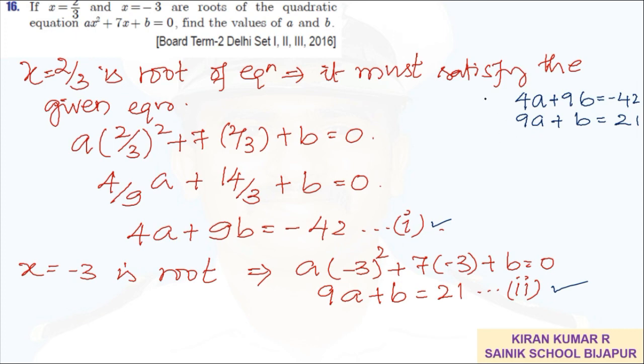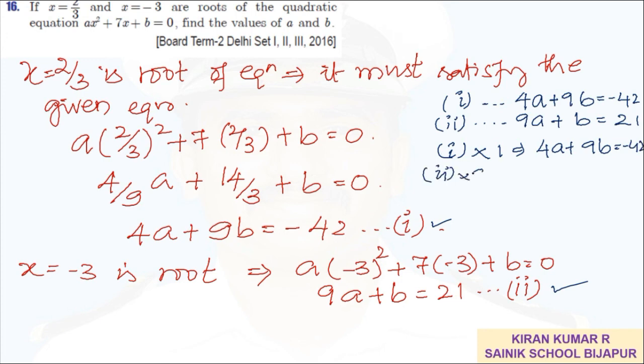Suppose I consider this equation as 1 and this equation as 2, I need to multiply equation 1 with 1 to get the equation as it is, and equation 2 has to be multiplied with 9 so that the b term will be eliminated.